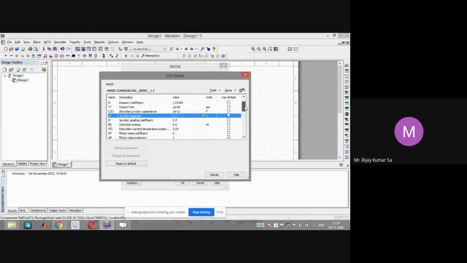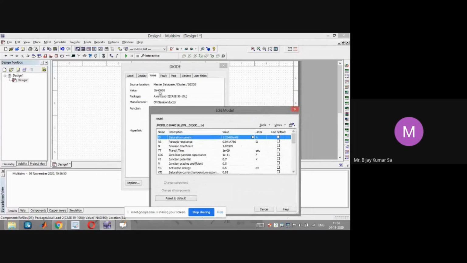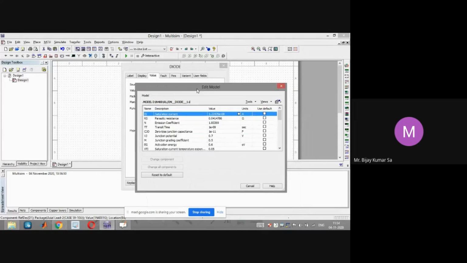These are the different specs of this particular diode. This is IS, the reverse saturation current. This particular diode, 1N4001G, has this much saturation current. This is the parasitic resistance.